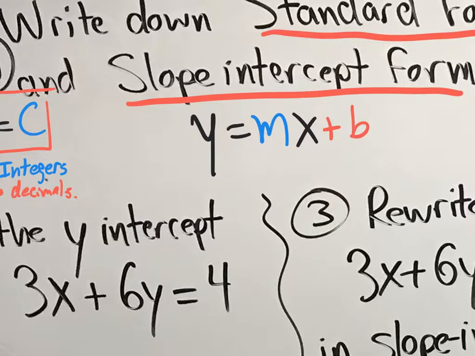So slope-intercept form is great if you want to graph the line, because if it says y equals mx plus b, all you have to do is go to this value on the y-axis, because it's the y-intercept, and you put a dot right there, and then you simply go up and over according to slope. If it's positive, you're going up. If it's negative, you're going down, but you're always running to the right. So y equals mx plus b is awesome when you are graphing.